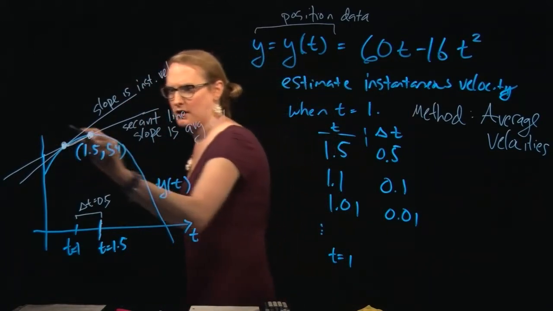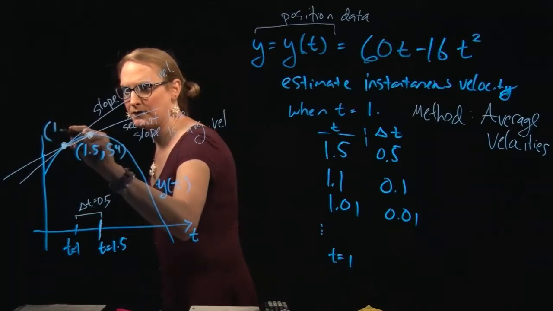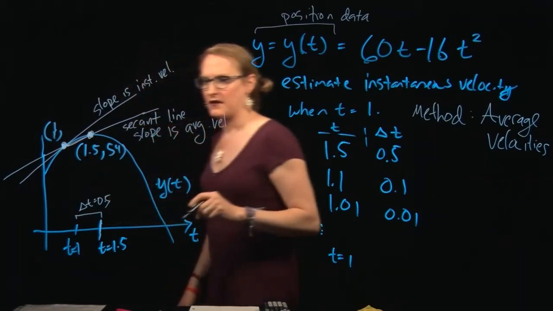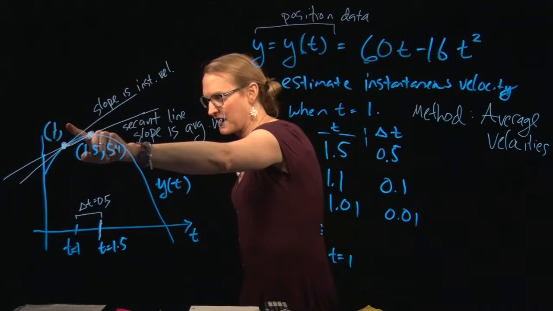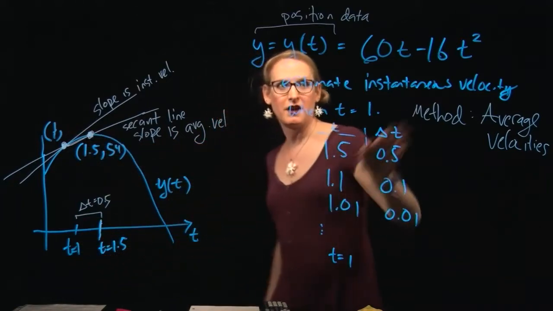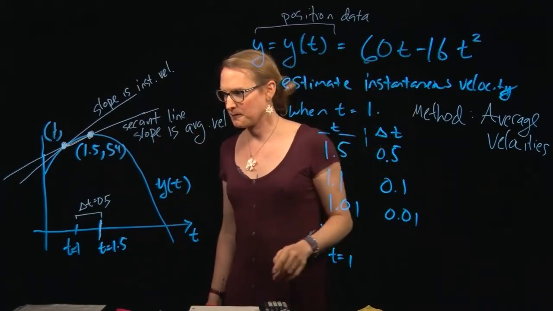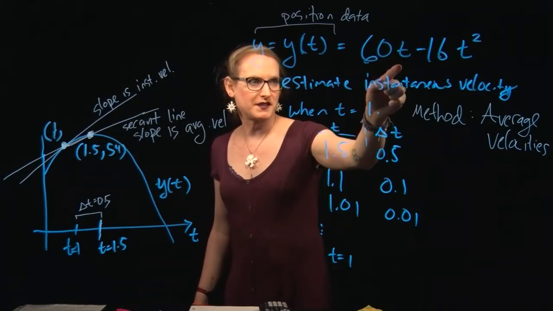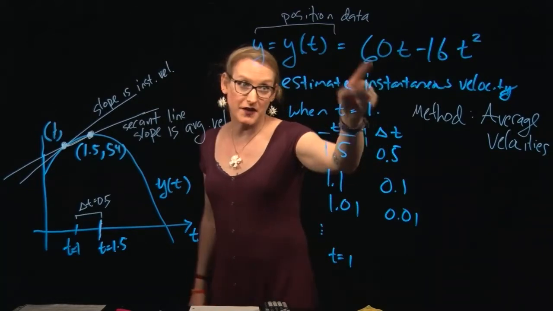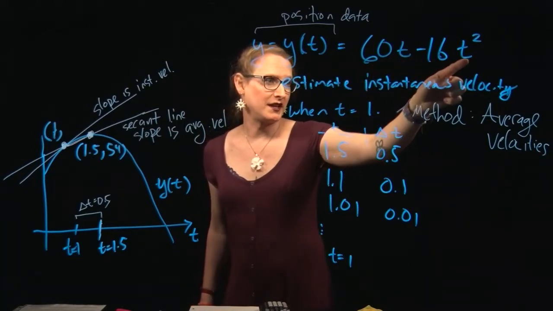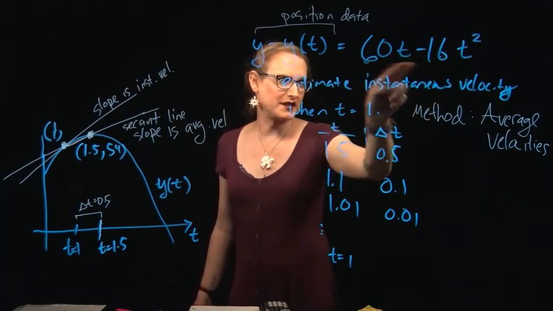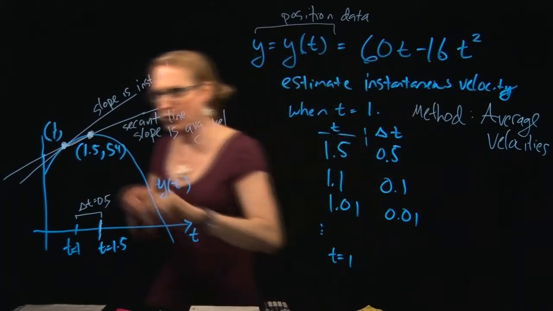The other point right here is 1. To get its second coordinate, we take the value 1 and plug it into this function up here. So it's 60 times 1, which is just 60, minus 16 times 1 squared. So 60 minus 16 is 44.